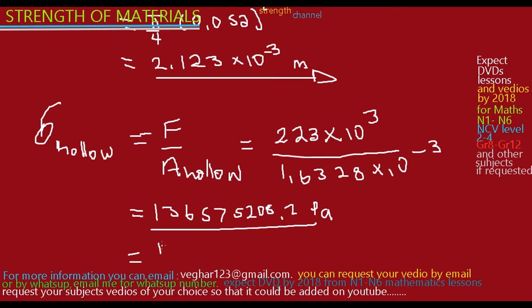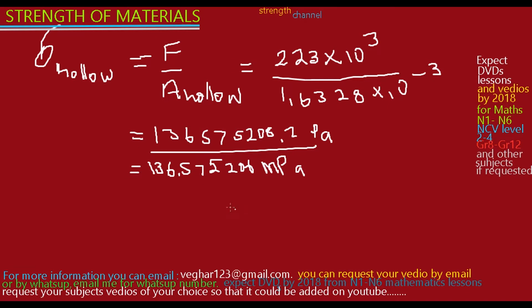So you'll have something like this, 136.575208 megapascal, converting to 3 decimal places. So we have this as a stress.